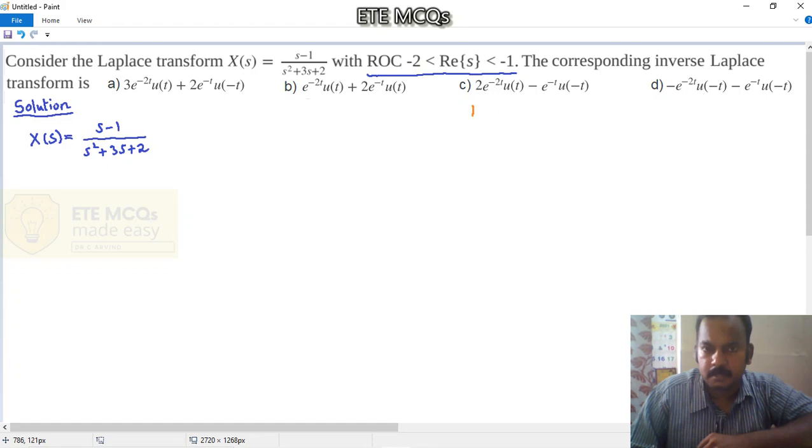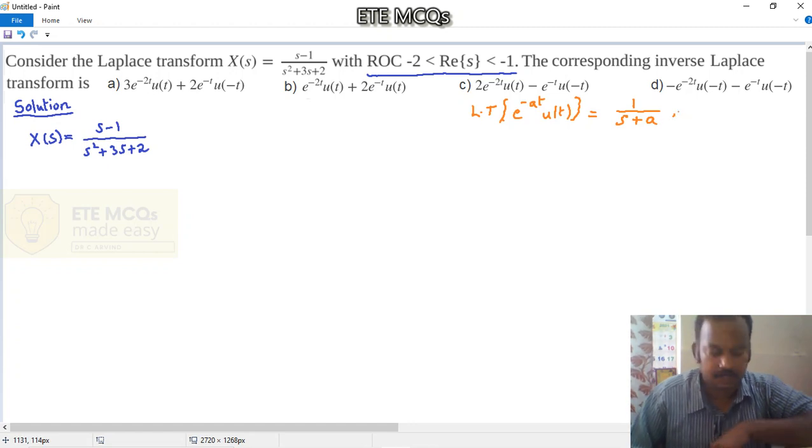That is, the Laplace transform of e power minus at into u of t is equal to 1 divided by s plus a, with ROC.